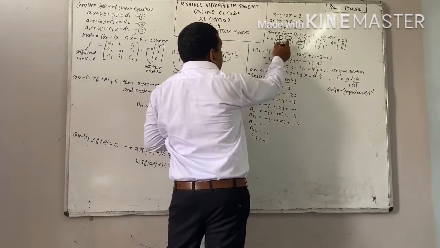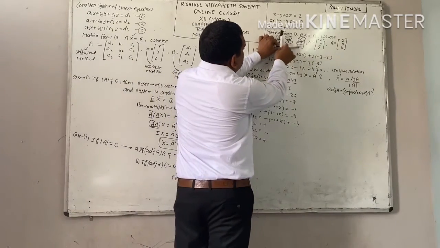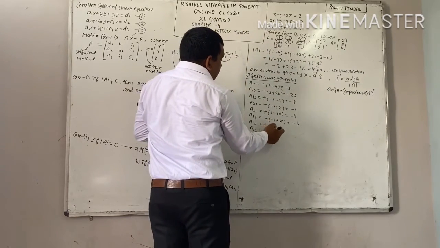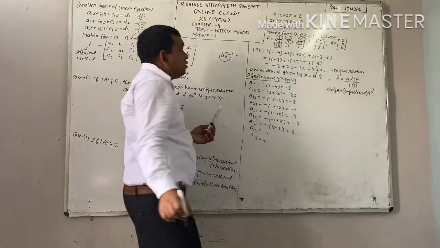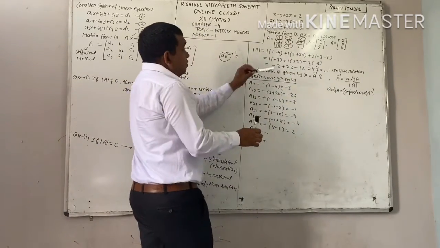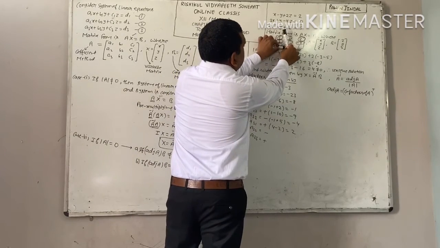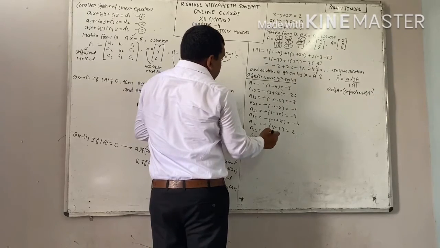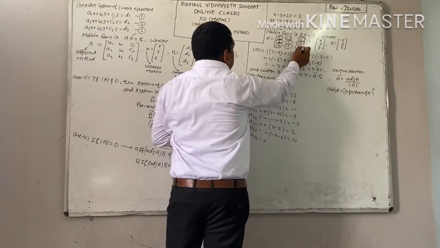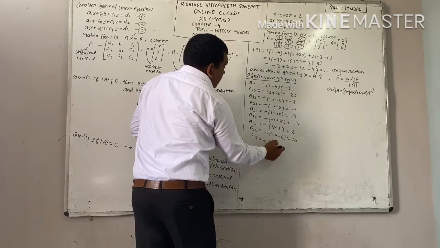Next, for third row, first column, this is your horizontal, this is your vertical. See what you get: 4 minus 2, 2. Now next one, A32, horizontal cancel out, vertical cancel out. See what you will get: minus 4 minus 6. This is your 10. And the last one, A33, horizontal, vertical, you will get 1 plus 3.